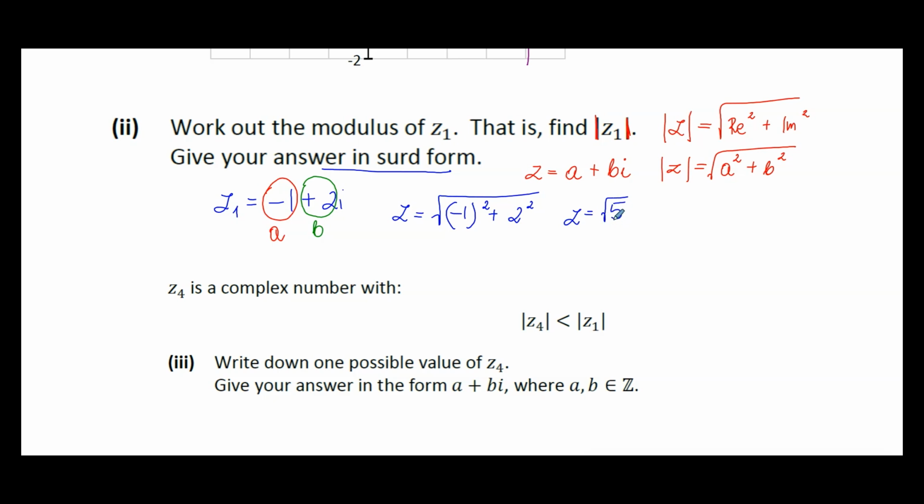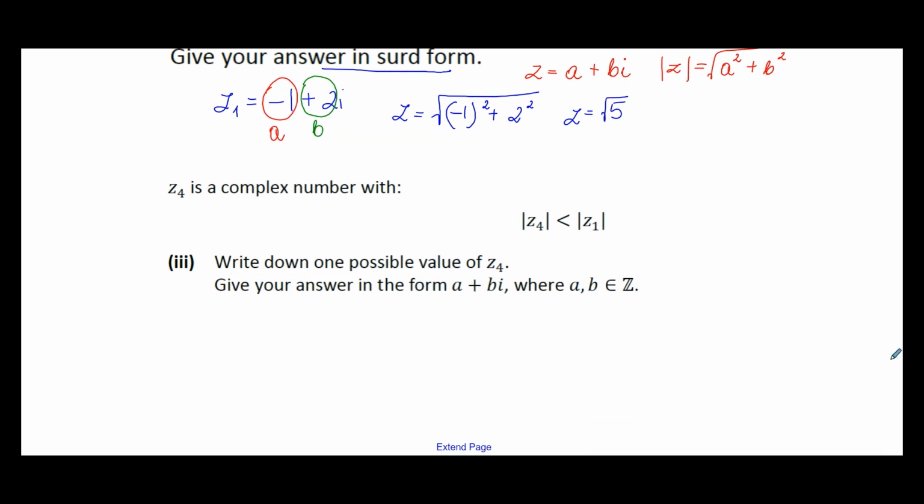How did we get the square root of 5? That was minus 1 taken to the power of 2 and 2 taken to the power of 2. So if I want to get a number that is lower than that, I have to go with lower numbers. So how about we go with 1 plus 1i? That should surely give me a lesser value.